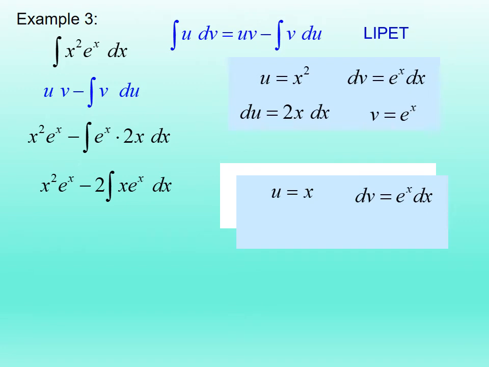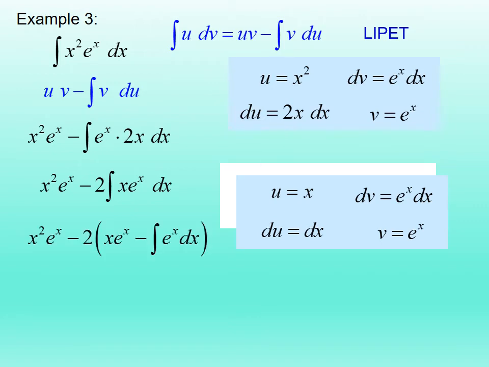If u is x, it means du is equal to dx, and dv is equal to e to the power of x dx means the antiderivative of e to the power of x is itself. So to rewrite this expression by the formula of integration by parts, which is uv minus integral of v times du, if you properly plug them in the right positions, you get this one.